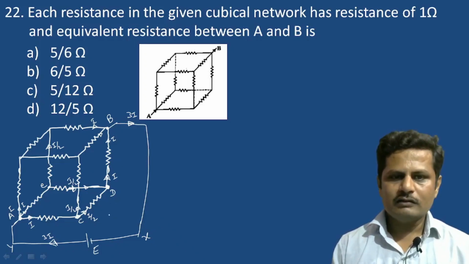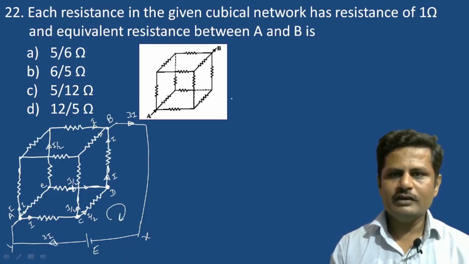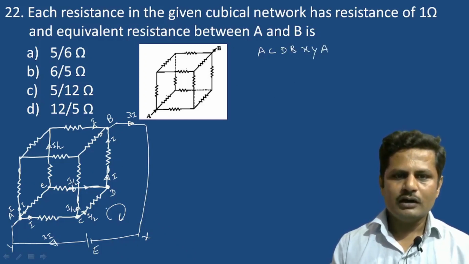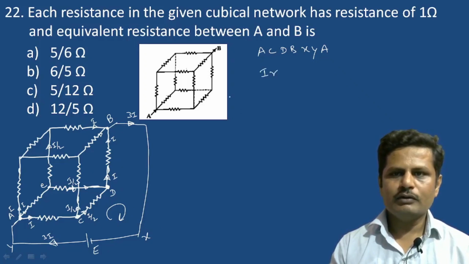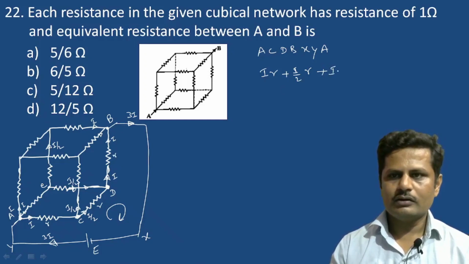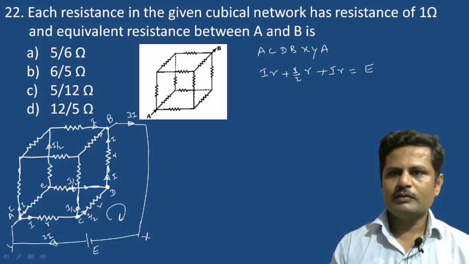Now, on applying Kirchhoff's loop rule to the loop A C D B X Y A, our direction of traversal and direction of the current are the same, so we can write IR, because if the resistance is R, then IR, plus I by 2 R, plus IR. So this IR plus I by 2 R plus IR will become 5IR divided by 2, and this is equal to the source of EMF, E.